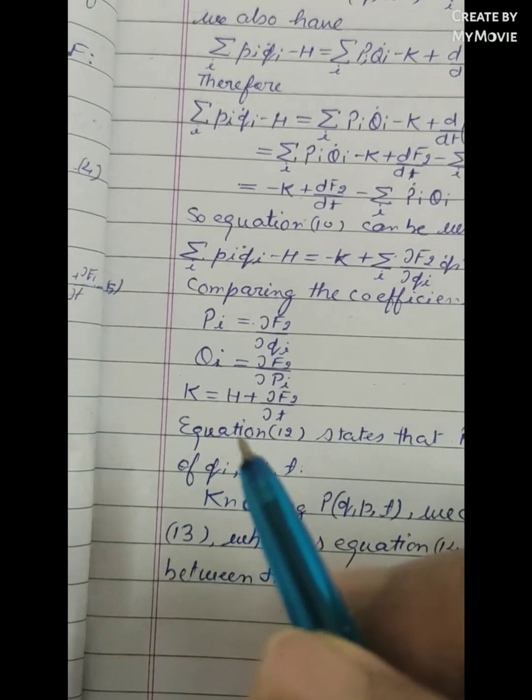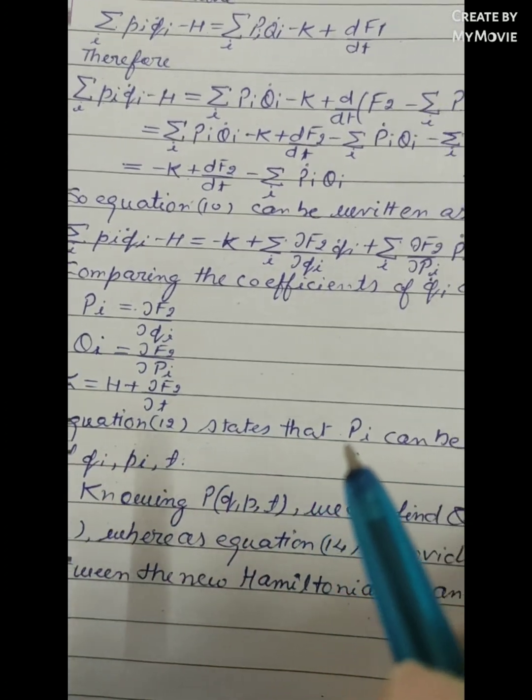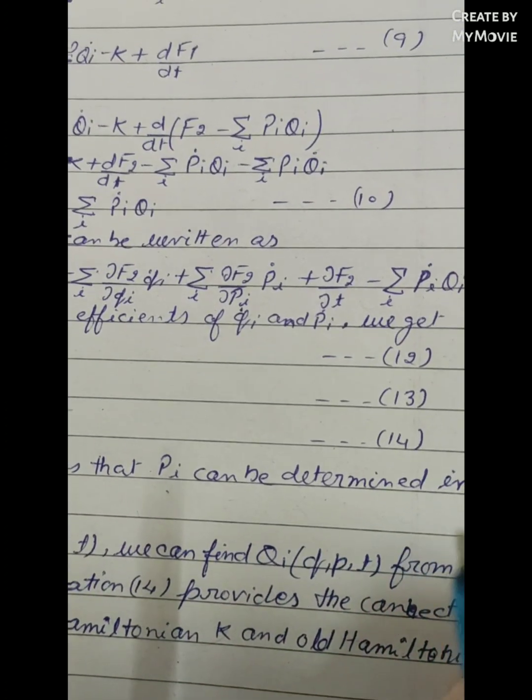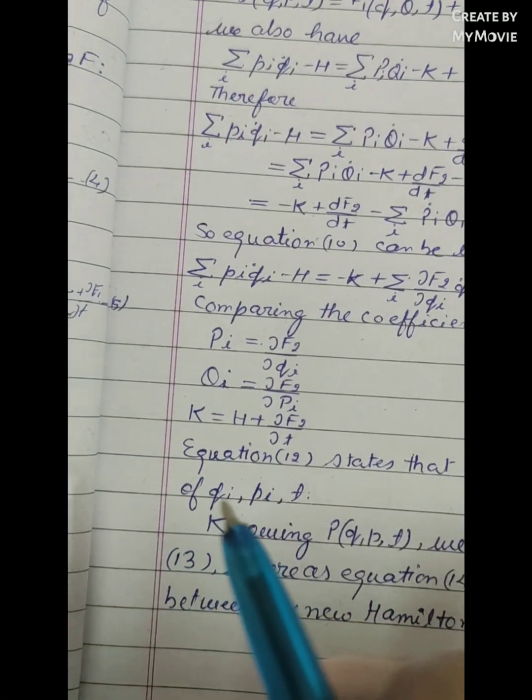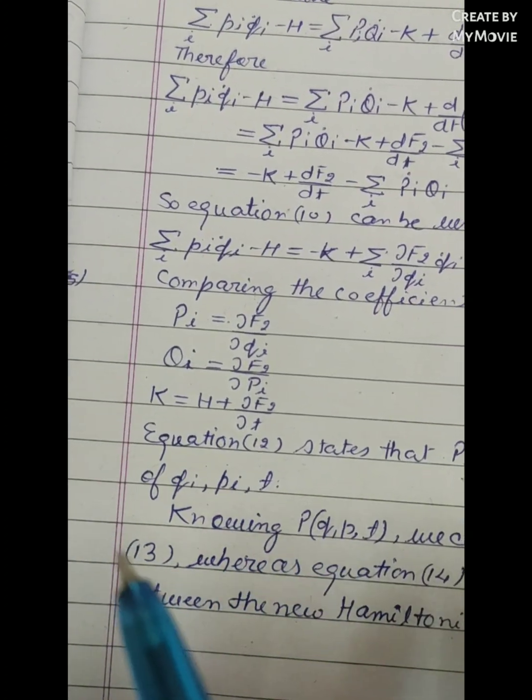So equation 12 states that Pi can be determined in terms of q, p, t.